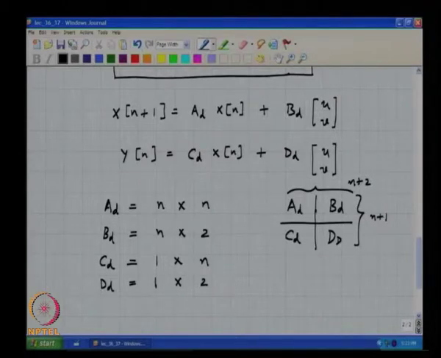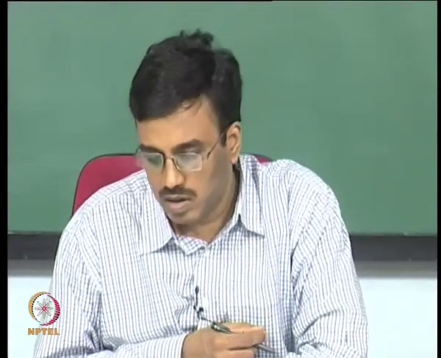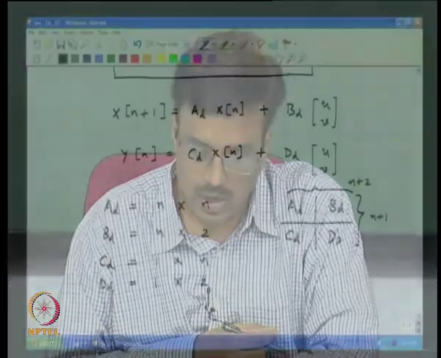So, if you put AD, BD, CD and DD in this fashion, you will get a big matrix which is n plus 1 cross n plus 2, right.